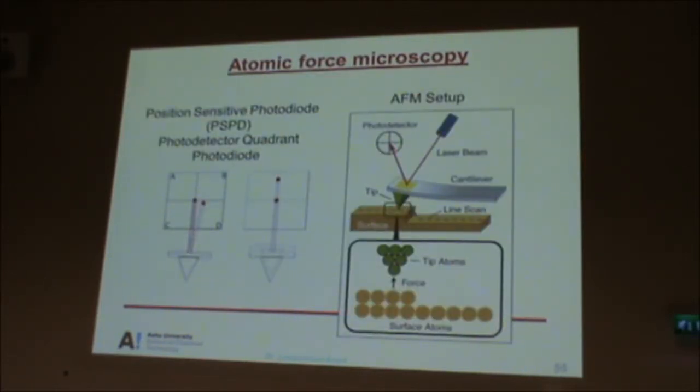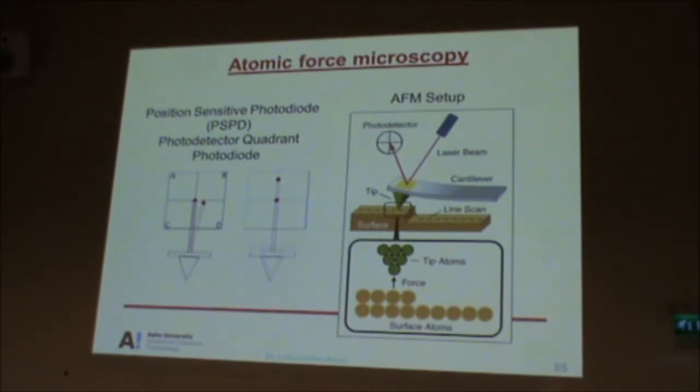Okay, here is the actual setup, atomic force microscopy. What it consists of is a beam which has a piezoelectric material at one end that makes the cantilever vibrate up and down. And a laser beam is reflected off the back of the cantilever, and it falls on a photodetector. Now the photodetector is called a position sensitive photodetector, and it's a quadrant photodiode.